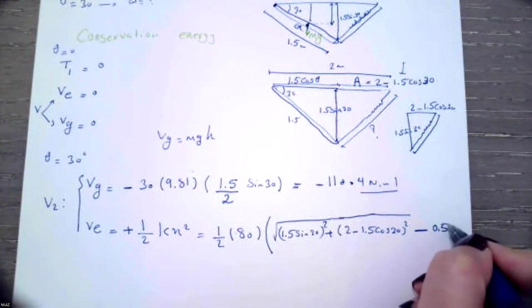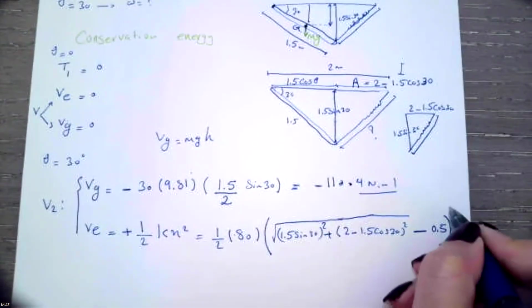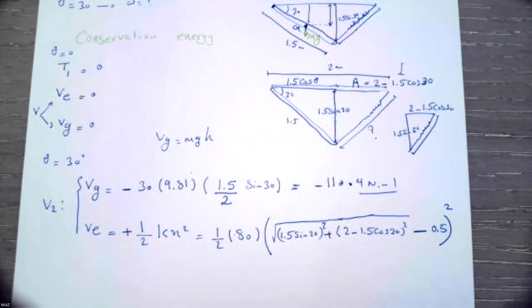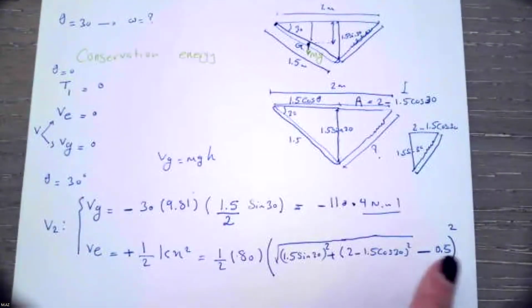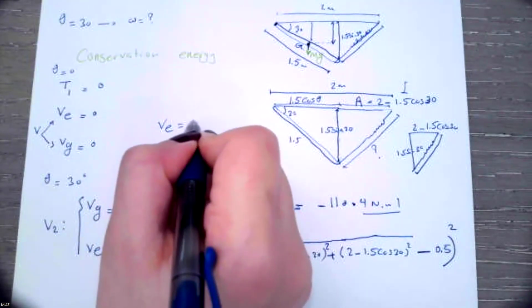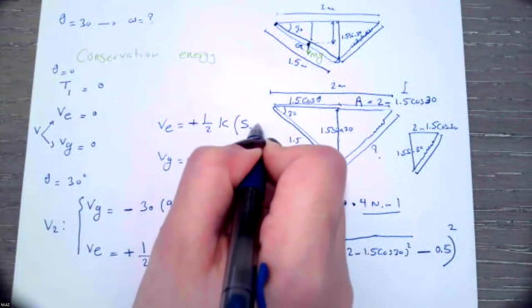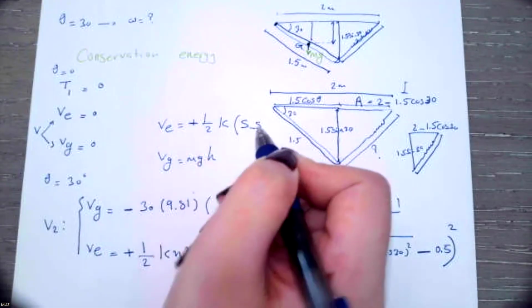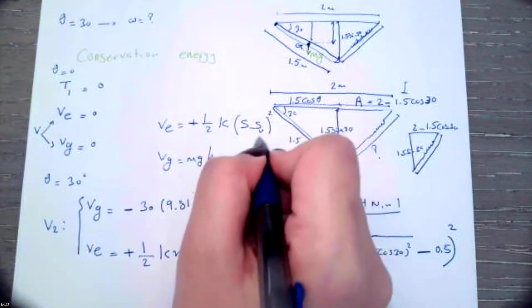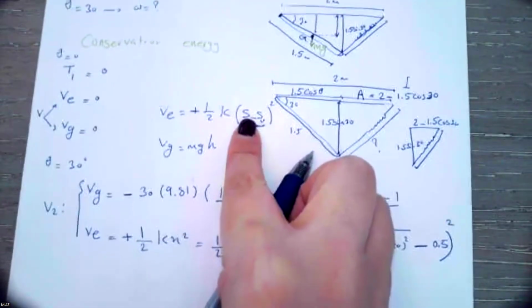This is 0.5. Now the whole answer is in parentheses to the power 2, because for elastic potential energy in general, half of k times s, if we have the unstretched length of the spring, we should subtract it from s.